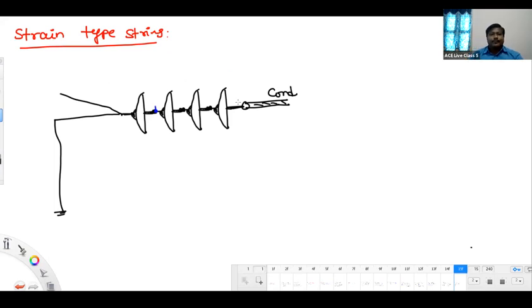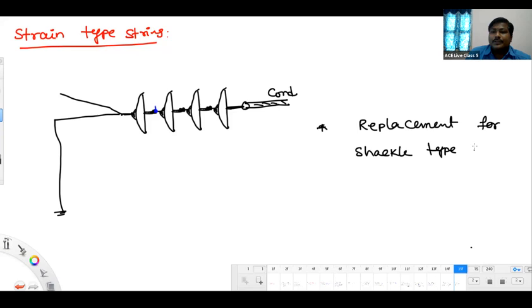Next. This is a replacement for what? It's a replacement for the shackle-type insulator. For what voltage levels will we be using it? Shackle-type is used for low voltage systems only, like 415 volts and 220 volts.